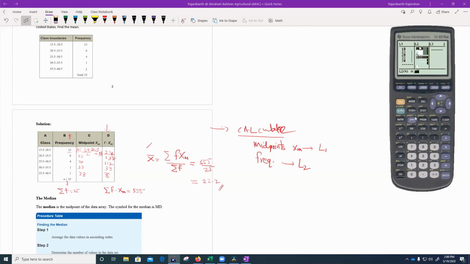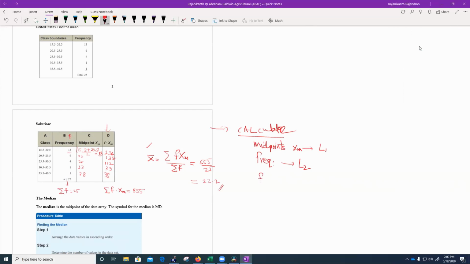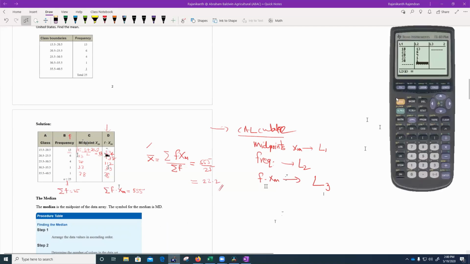Okay. Now I'm going to create the third column, which is f times xm, right? So I should know f times xm. These values I'm going to put into L3. The easiest way is I'm not going to type one by one. The calculator will find them automatically once you have these two.